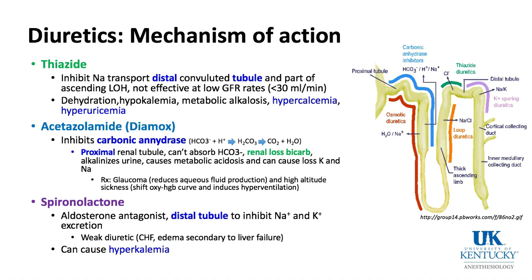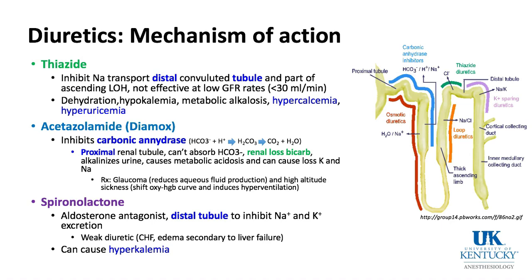They're not very effective when the kidney's not working well, when the glomerular filtration rates are very low and we have to use diuretics like Bumex. Thiazides can cause dehydration, they can cause hypokalemia. It's not uncommon preoperatively to see someone who's taking hydrochlorothiazide for long periods of time to have potassiums of like 2.8, 2.9, metabolic alkalosis, and some specific to thiazides like hypercalcemia and hyperuricemia.